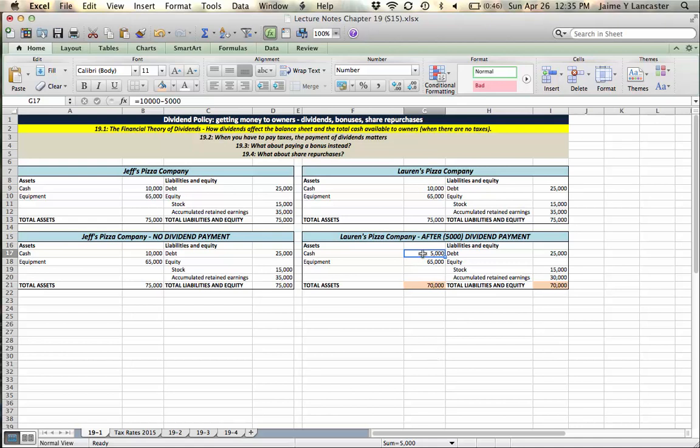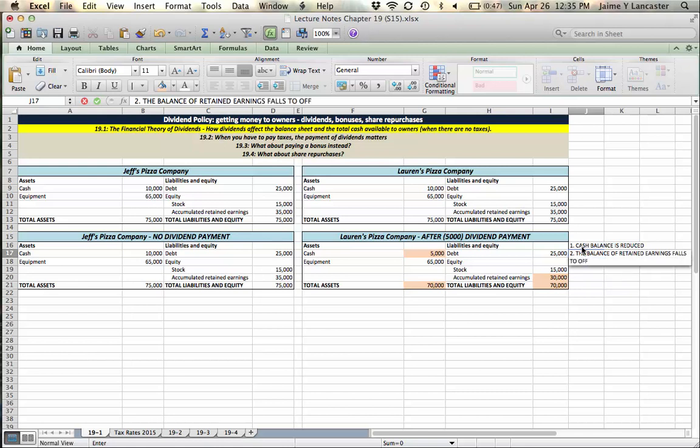So think of dividends as coming first out of cash, but they balance with a reduction from retained earnings. Those are the two things that happen when we pay the dividend. First is that the cash balance is reduced. The second is the balance of retained earnings falls to offset the fall in cash.